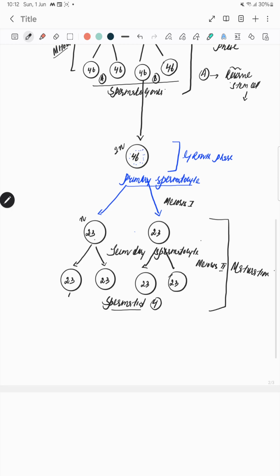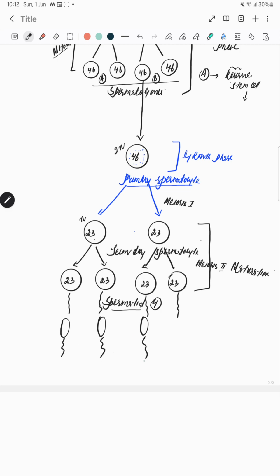Now these four spermatids get converted into sperm cells or spermatozoa. Now what happens, this spermatid gets converted into spermatozoa. There is proper formation of head, there is formation of middle part, there is formation of tail.